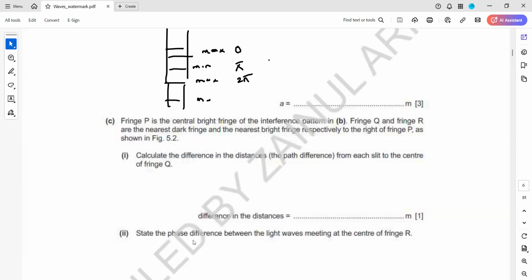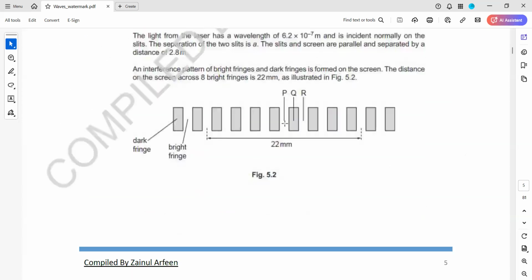So state the phase difference between the waves meeting at point R. So what is R? R is representing the first maxima. So this will be 0, the phase difference, the angle difference, 0. Then it will be pi, then 2 pi. Then what about this one? Because 180 is there.